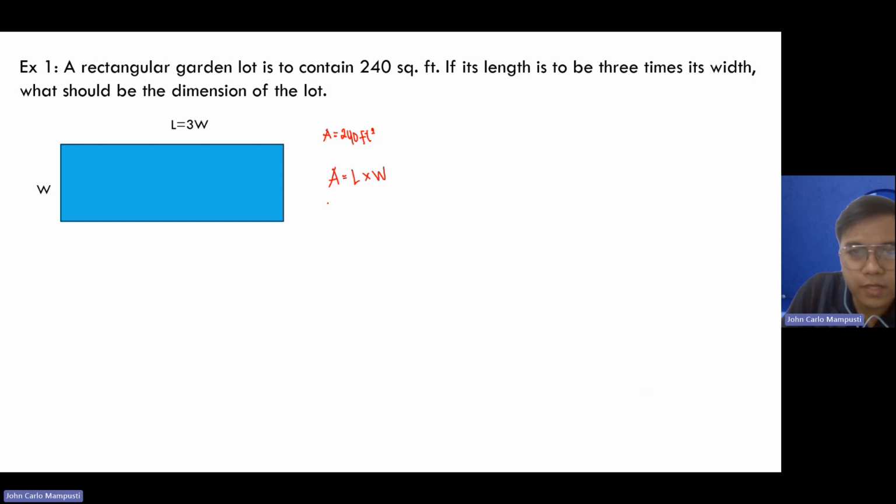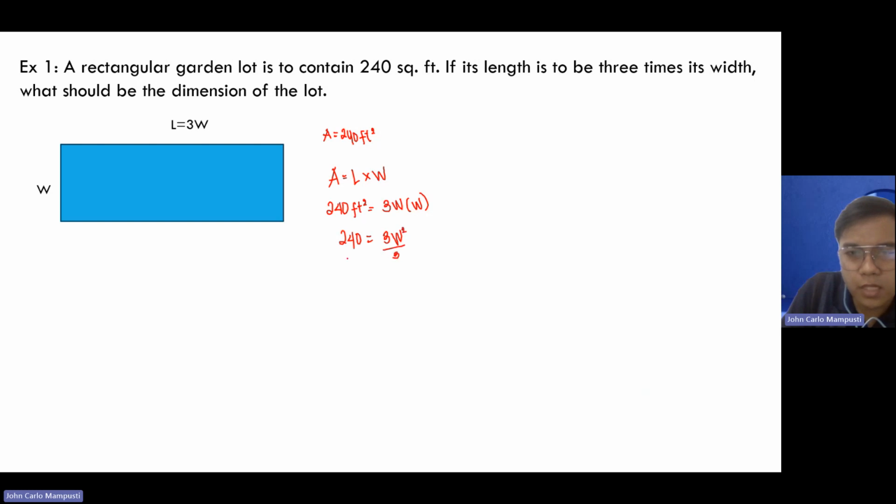So, area is given, this is 240 square feet. Length is thrice or 3 times ng ating width. That's the length times width, which is W. So therefore, 240 equal to 3W squared.